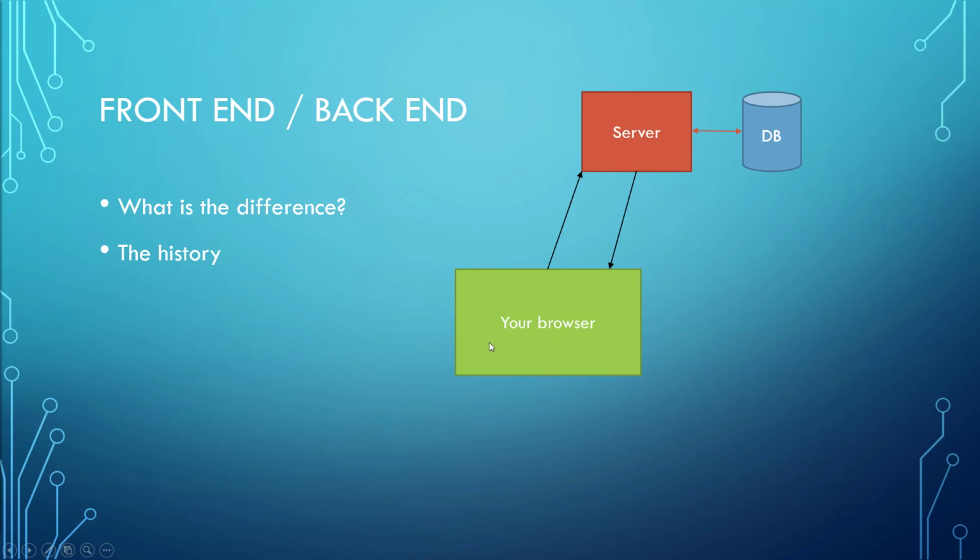The big difference between front-end and back-end as a whole development concept, and you will hear that a lot, is that a full-stack developer is somebody who writes front-end code and back-end code.